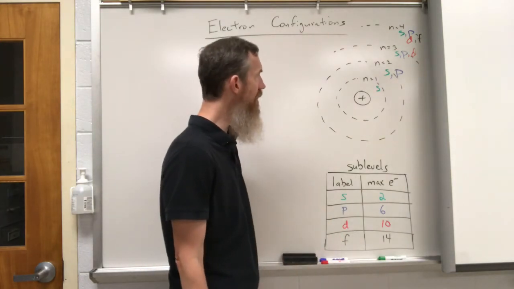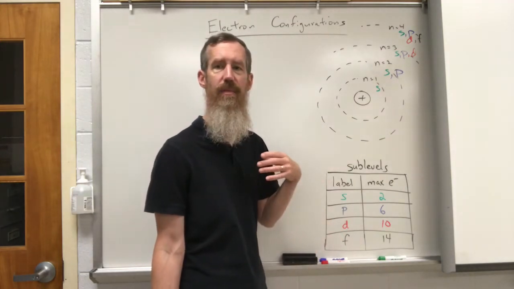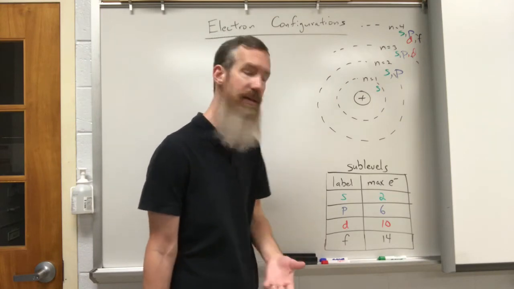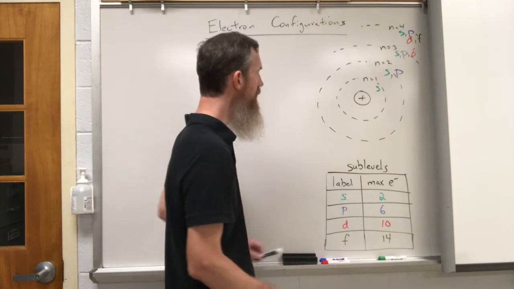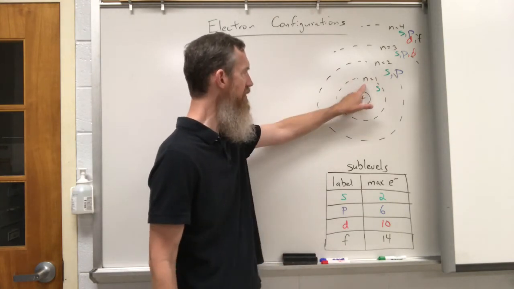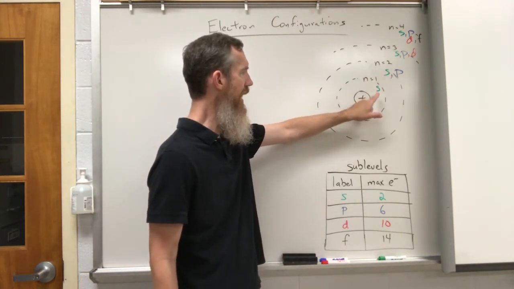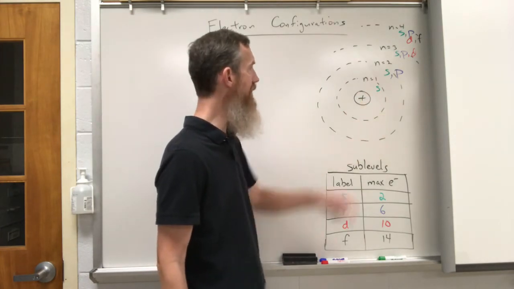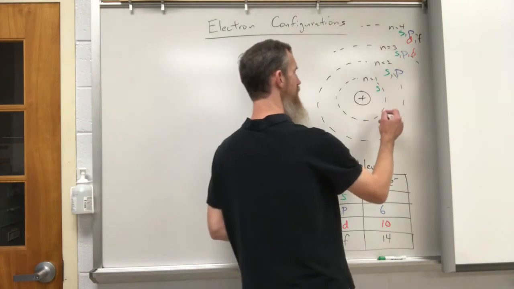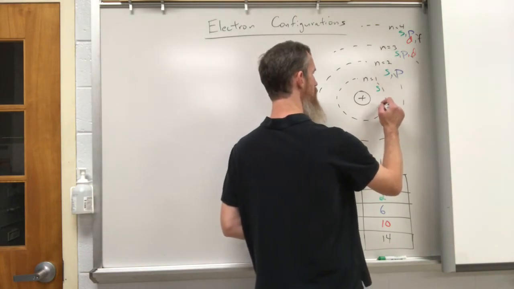What this does, though, is help dictate how many maximum electrons are in any one given energy level. If we total these up, the first energy level can only have s kinds of electrons, and that means the first energy level can only have 2 maximum total electrons.